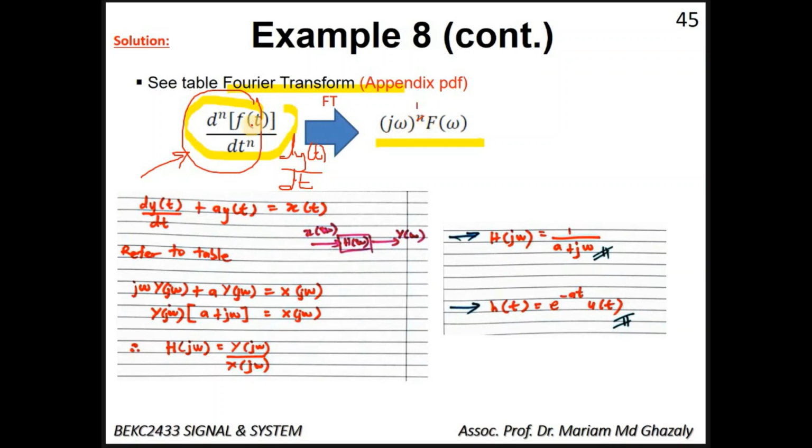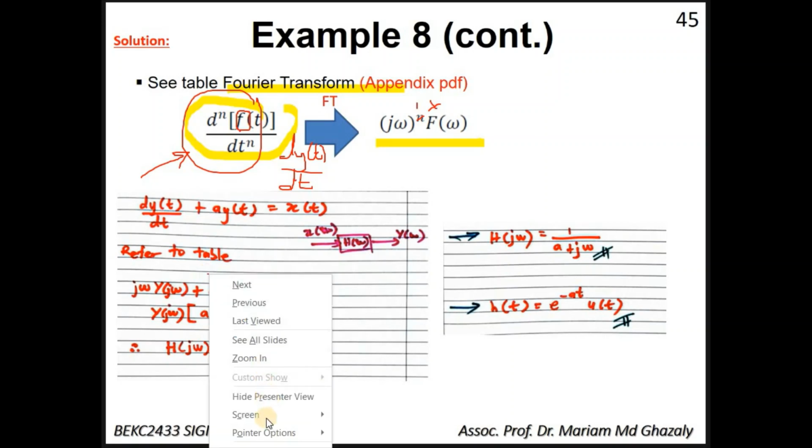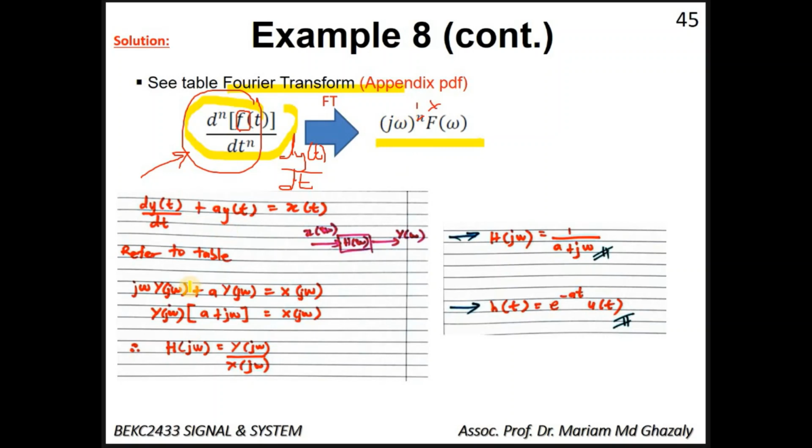Here it is in terms of y, so you get jω Y(jω). This is for the first term, dy(t)/dt.